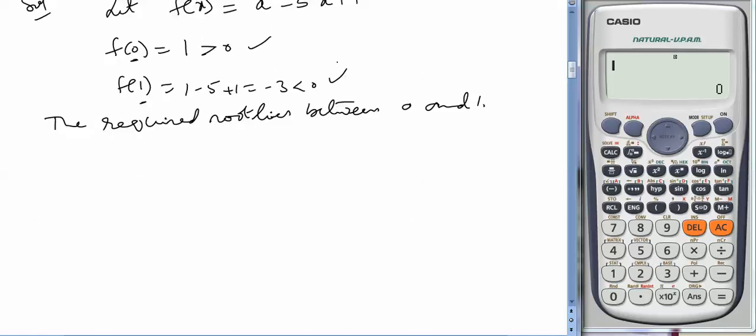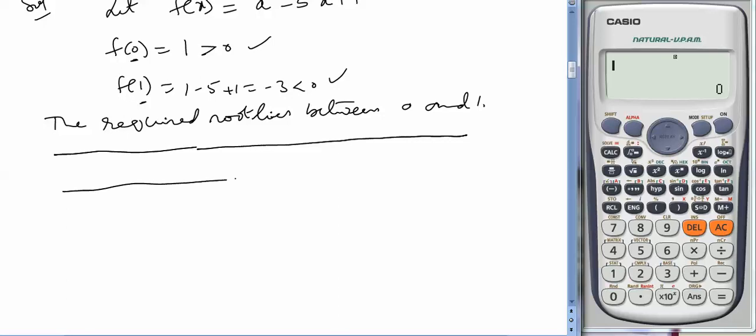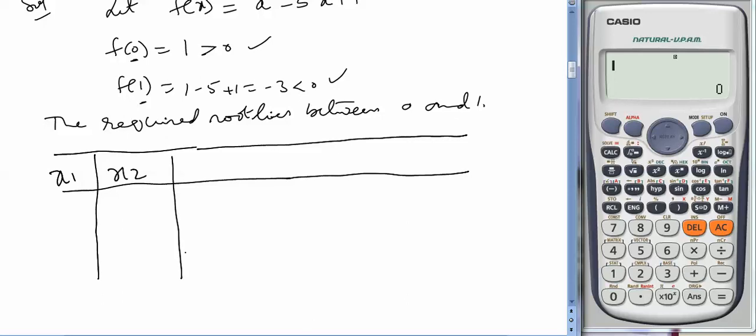Now I will explain with a tabular form. Very simple tabular form, no need to write in words. We can simply write all the values in tabular form. x1, x2. I will fix 3 decimal places. Formula: x equals x1 plus x2 by 2.